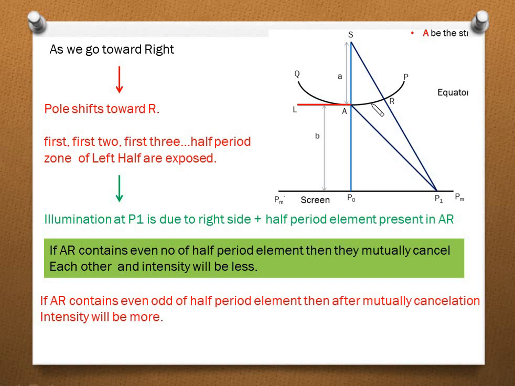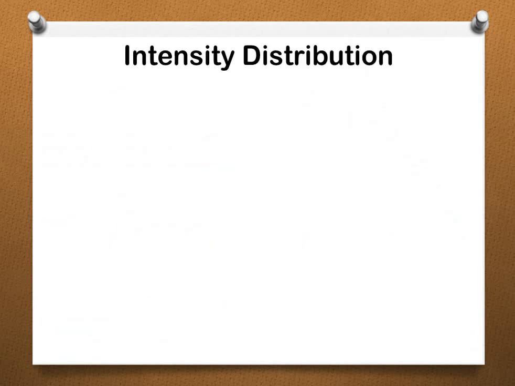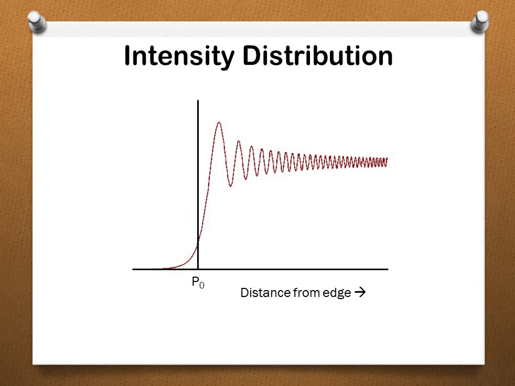So finally we can guess that on the right of P naught we will have alternate bright and dark regions. If you see the intensity distribution, it will look like this. This is the point where we have A1 by 2, and once we move toward the left, we will have decreasing amplitude. Moving toward the right, at this maximum position, only the first half period zone on the left side is exposed.